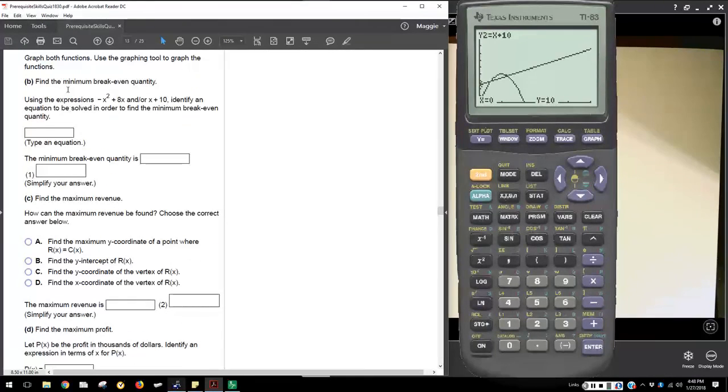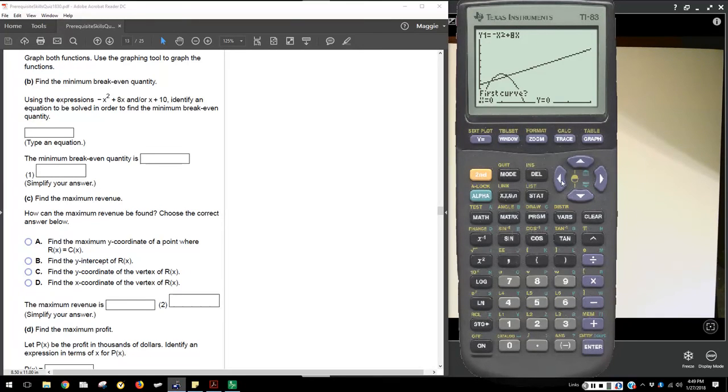Part B says find the minimum break-even quantity. Now you notice here there's two break-even quantities. There's one here where cost equals revenue, and there's another one here where cost also equals revenue. You're going to break even the first time at the minimum value. It's easy to find break-even values. You hit second, trace, and tell it you want to find the intersection.